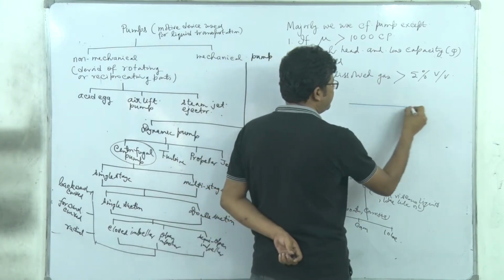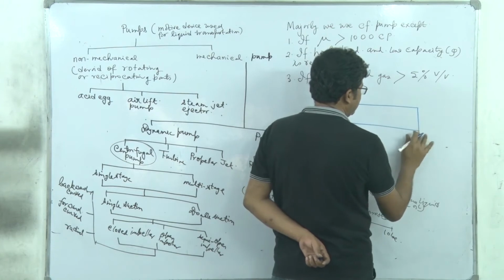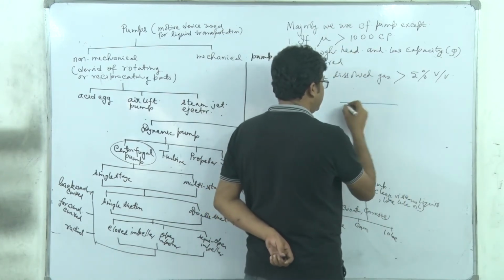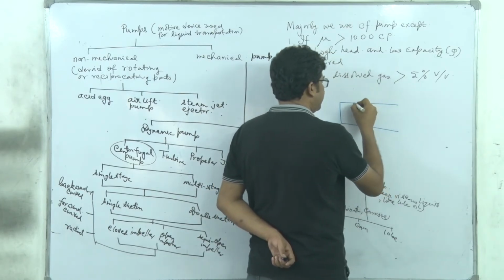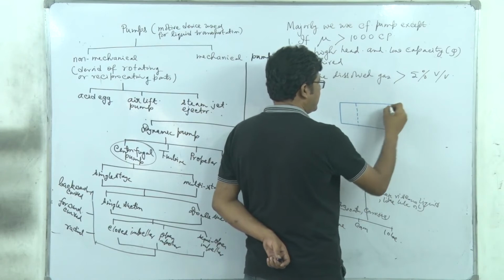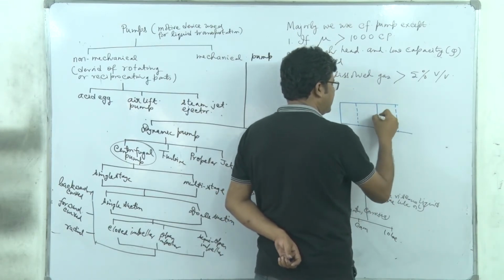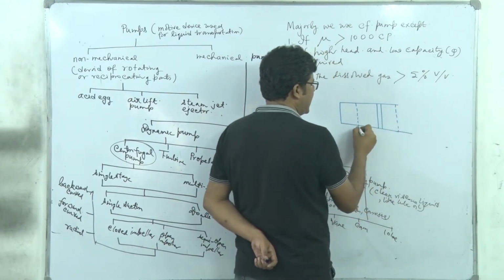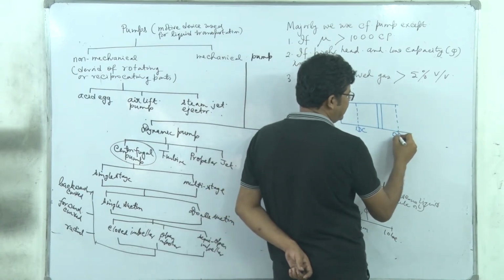These are the extreme positions of the piston. This is called IDC, inner dead center, and outer dead center.